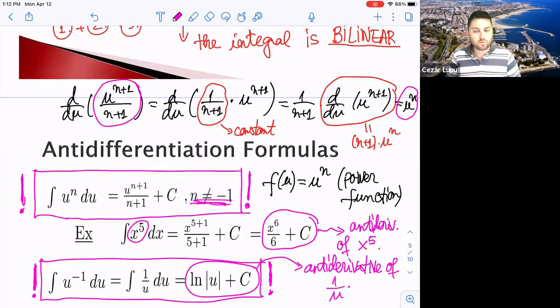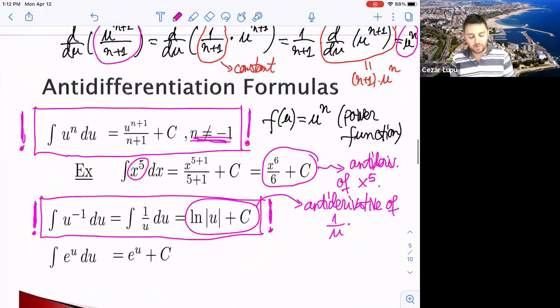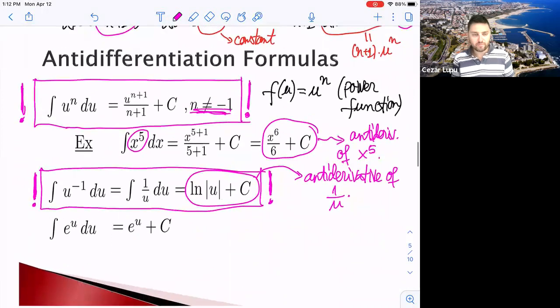So these are the first two rules, but also we would like to see something that looks nice. And let me tell you another one. Look here. The integral of e to the power u du.